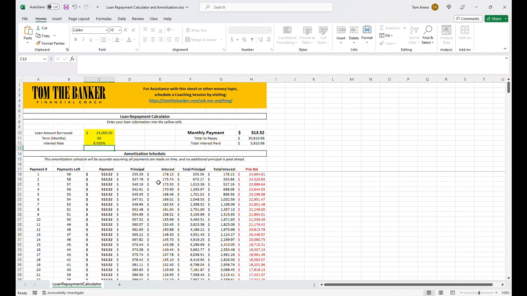Now, with your next payment, it's going to be based off of the principal balance that's remaining, in this last column over here, $24,664.61. Again, we take the 8.55%, divide it by 12, and that figures out how much interest you're going to have for that amount of principal, which goes down a little bit, to $175.74.